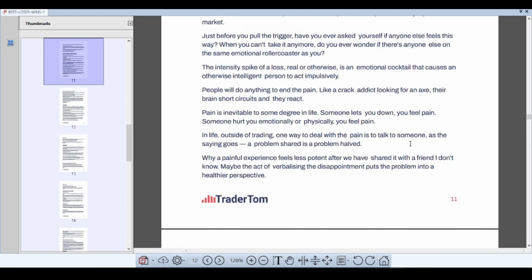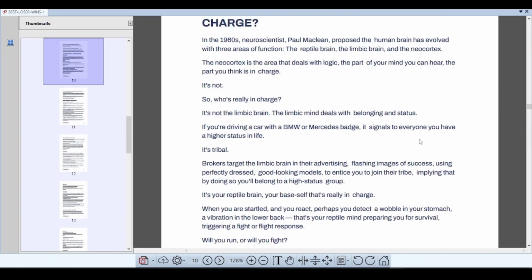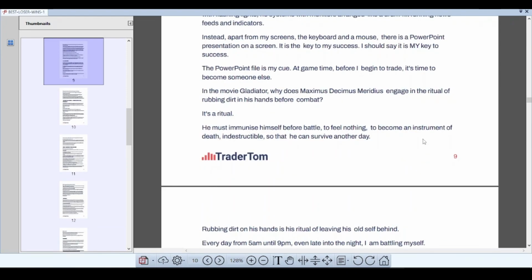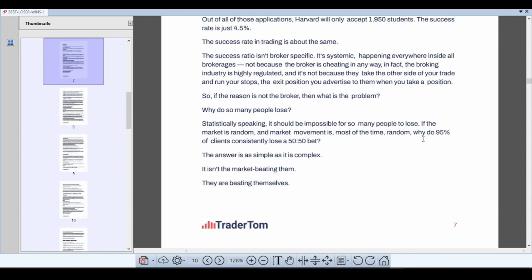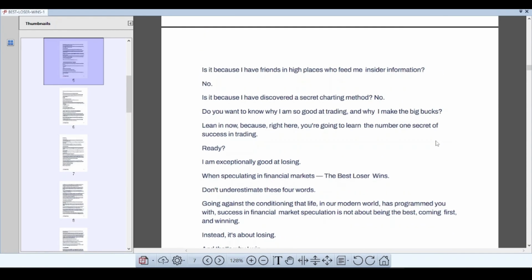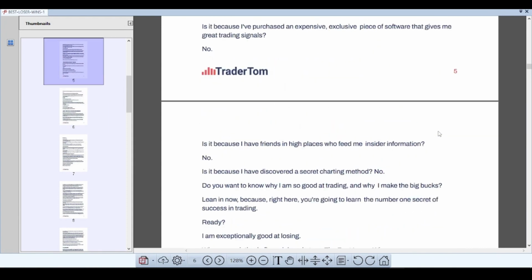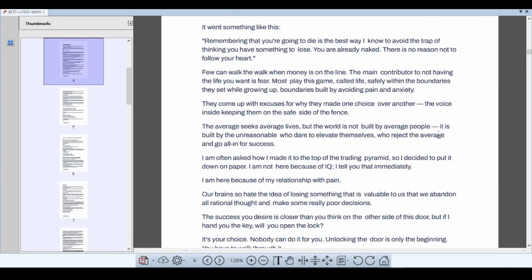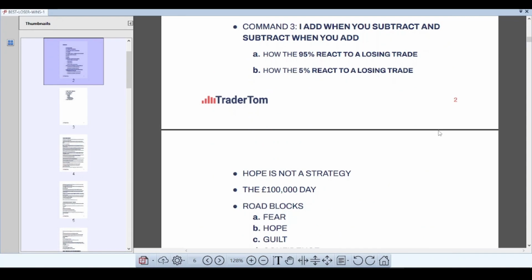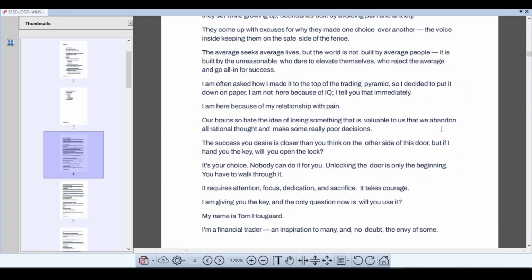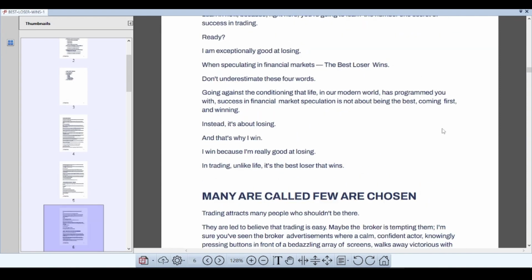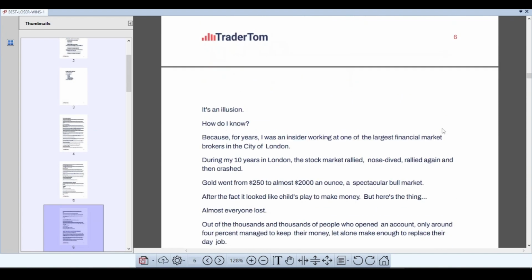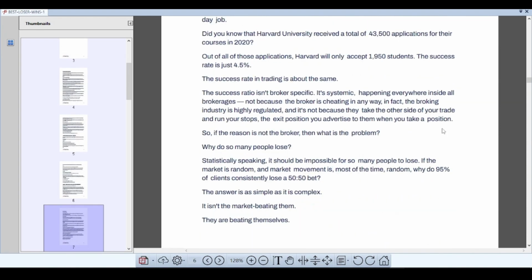The first thing we talked about was the difference between the 95% that lose money and the 5% that make money consistently. They do exactly the opposite, right? You're going to realize that the people that end up making money, whenever they take the trade, they don't think about the profits.